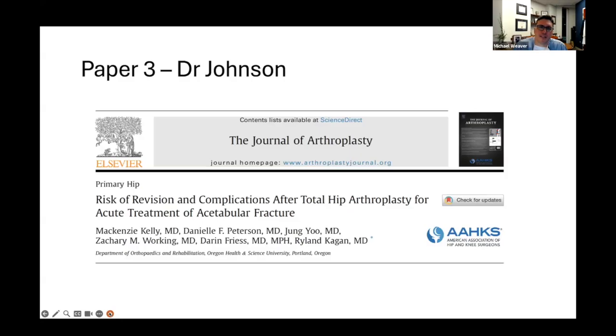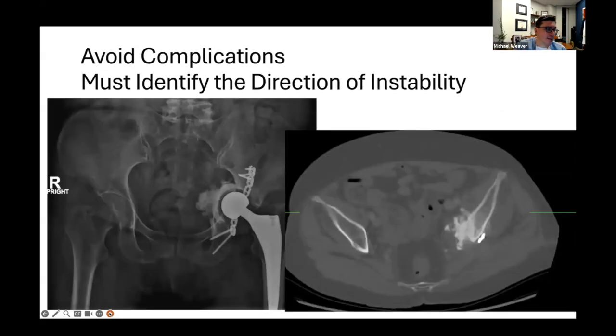And the problem is, if you fix something, and this is something that we've seen here, they were talking about being delayed over 3 months. Well, there's a big difference between 3 months and a year. If you fix them, and it goes bad for whatever reason, there's some kind of mechanical failure, they get AVN, they get post-traumatic arthritis, whatever.